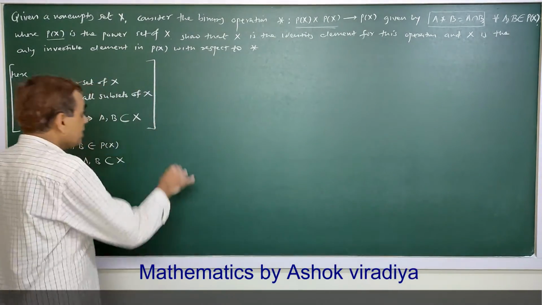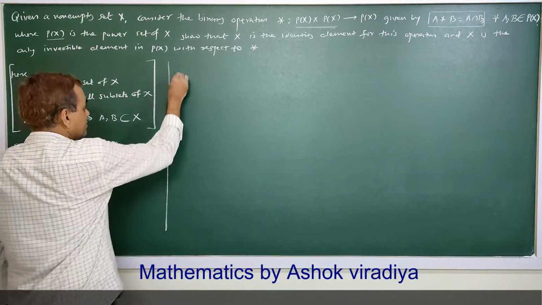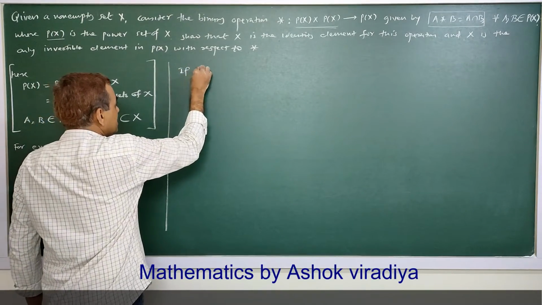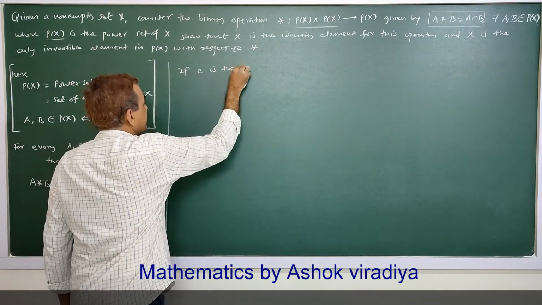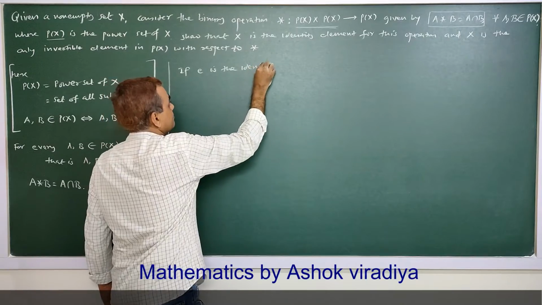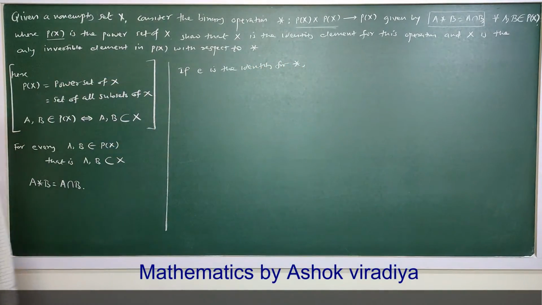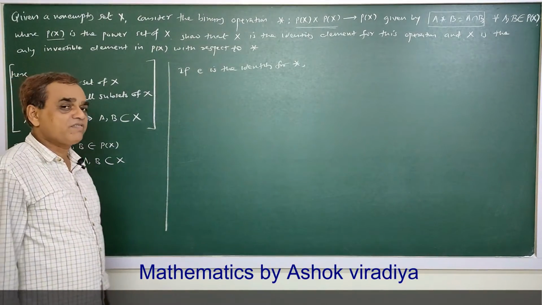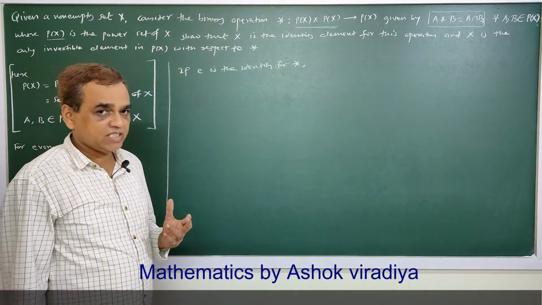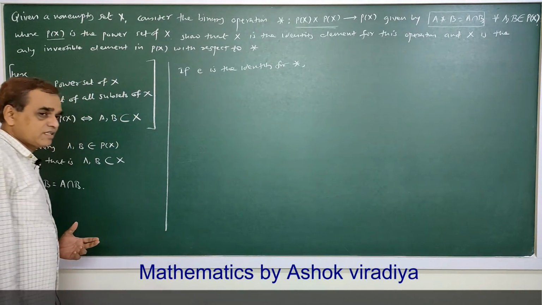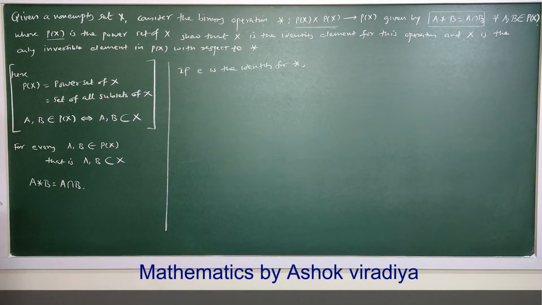Now, if E is the identity for this binary operator, say whenever we find identity, it is an element from the same set on which the binary operation is defined.